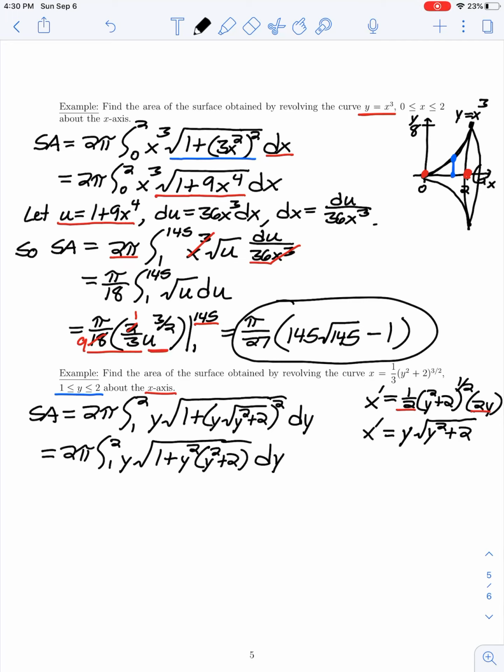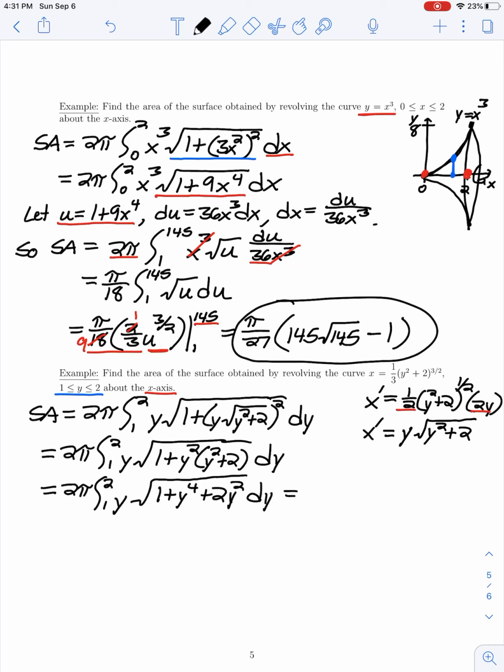So now under the radical, if we continue to simplify, we have the square root of 1 plus, if we distribute the y squared term, we have y to the 4th plus 2y squared dy.